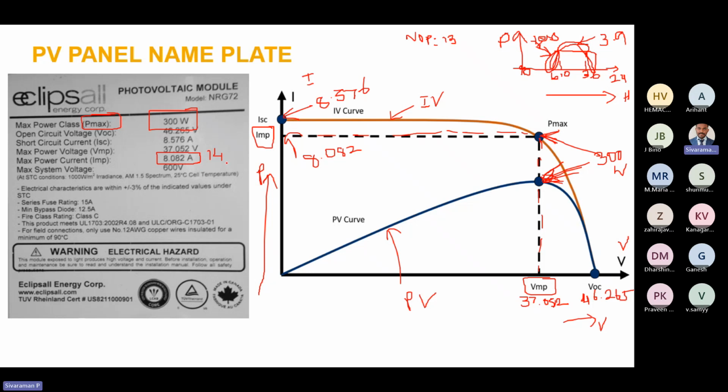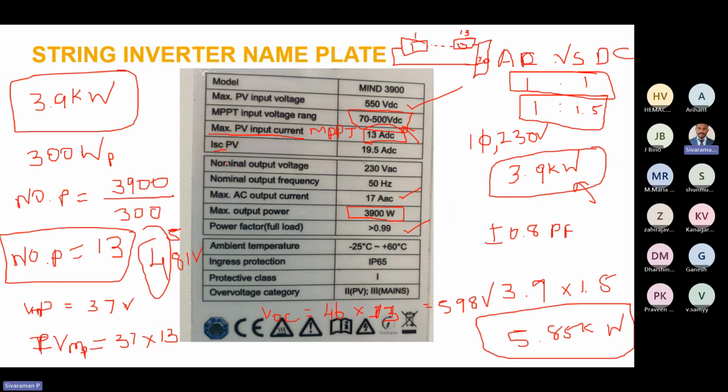As you all know, when we connect PV panels in series, the voltage gets added and the current remains the same.